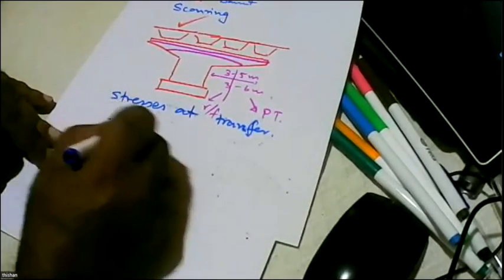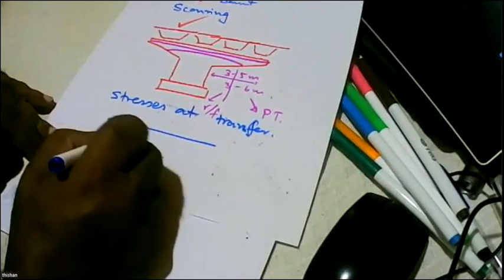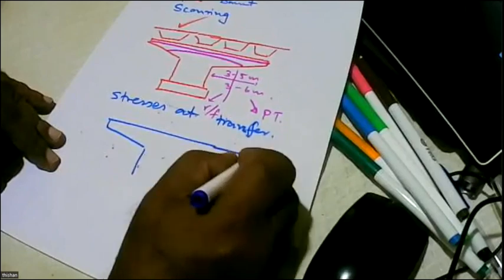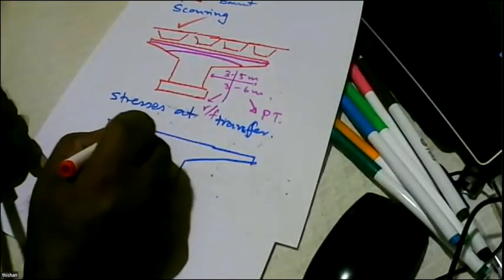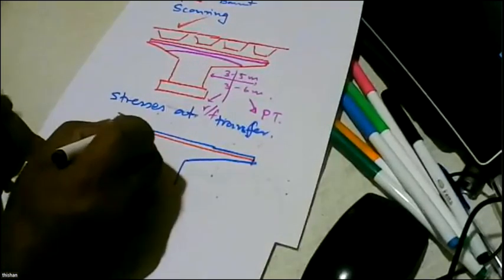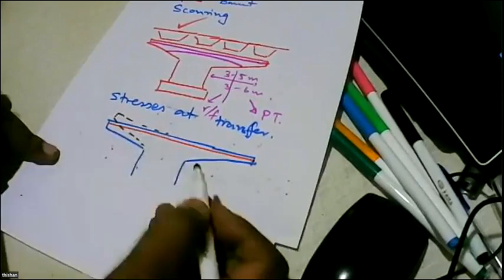So when you look at the stressors at transfer, you will find, now when you provide the tendons like this at the top, what will happen? Now this is going to bend like this. And who is there to suppress this?